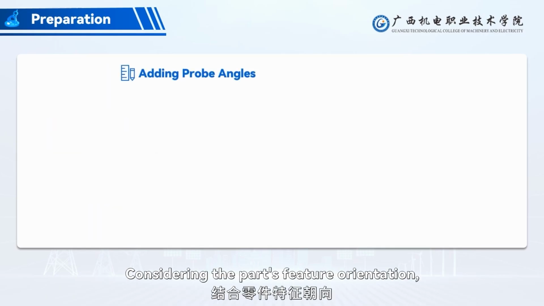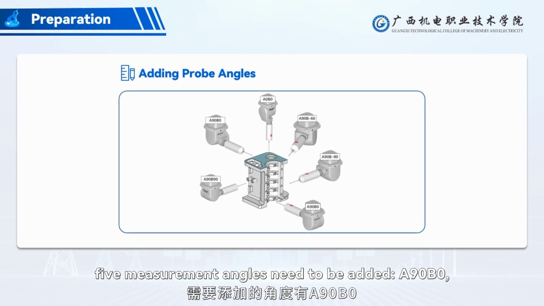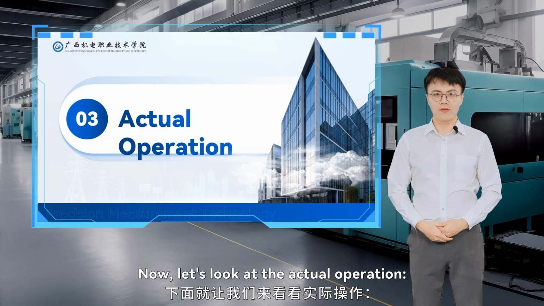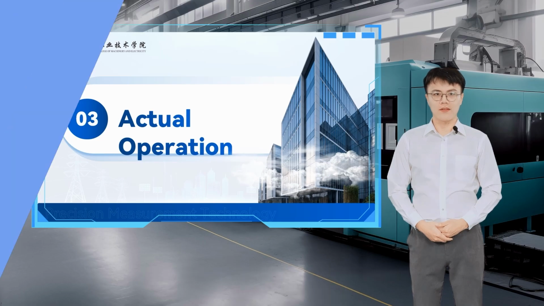Considering the part's feature orientation, 5 measurement angles need to be added: A90B0, A90B180, A90B90, and A90B60. Now, let's look at the actual operation.